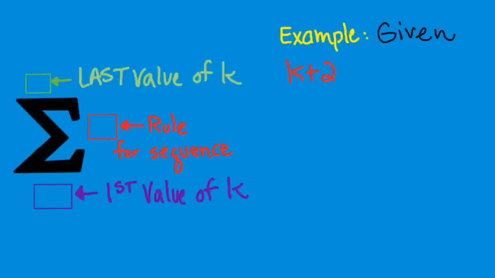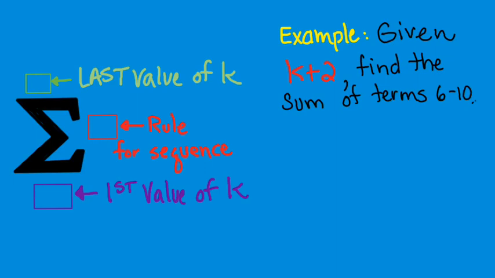All right, let's try one more. If I give you that the rule is k plus 2, but this time I ask you to find the sum of the terms 6 through 10, my first value of k is actually 6, and I'm ending on 10. So if I count, how many times am I going to be repeating this?